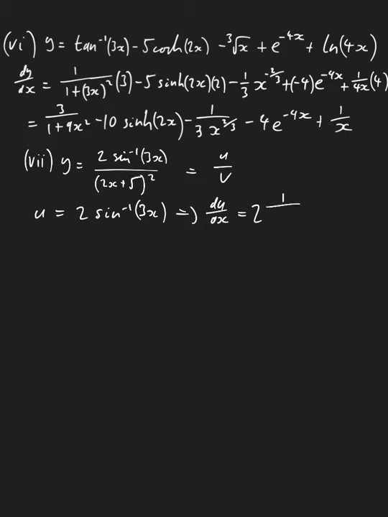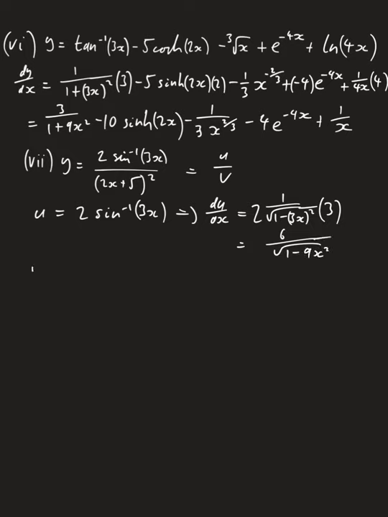So I'm going to get 1 over the square root of 1 minus 3x squared times the derivative of what's in the brackets by the chain rule, which is 3. So that comes out to be 6 over the square root of 1 minus 9x squared.